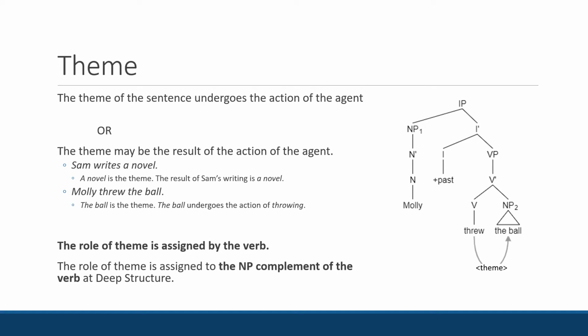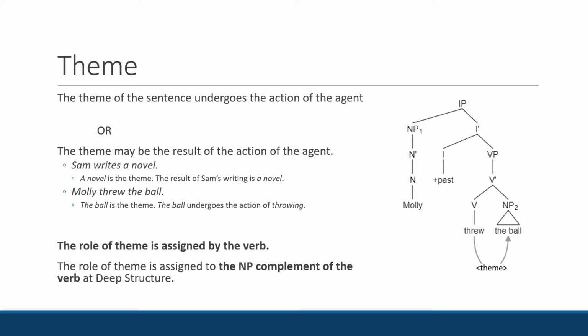Next is the theme. The theme of the sentence undergoes the action of the agent. In this tree to the right, "Molly threw the ball," the theme is the ball, and that is the thing that underwent the throwing. Again, the head of the VP, threw, assigns the role, and the NP in this situation is the theme.